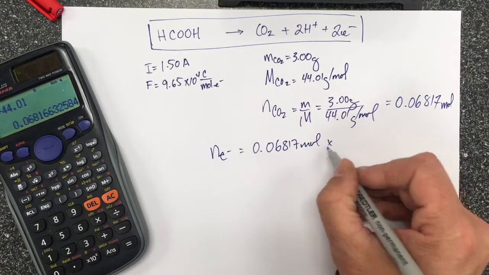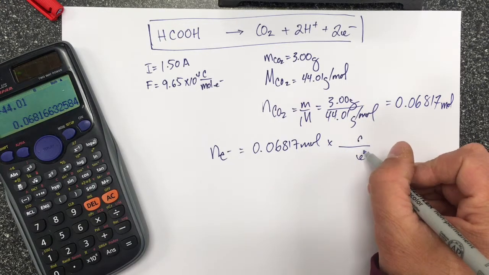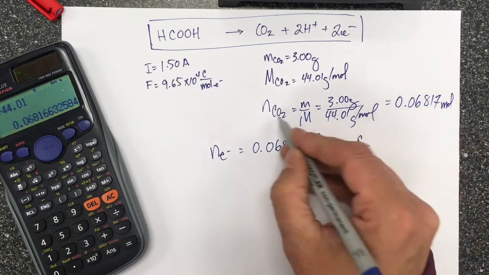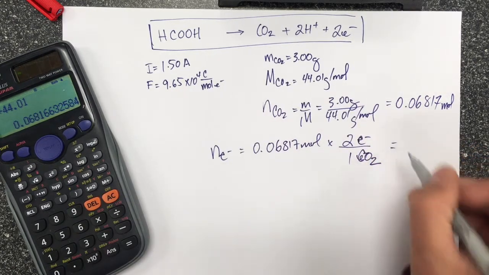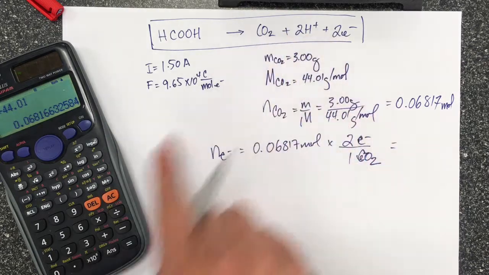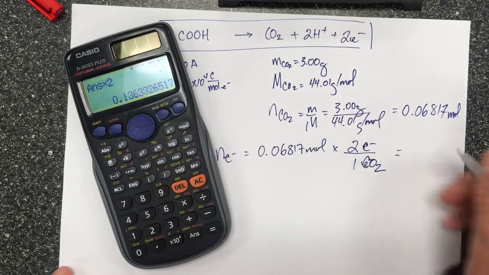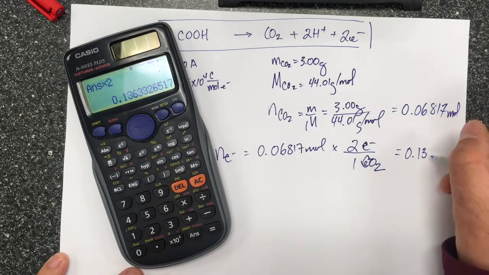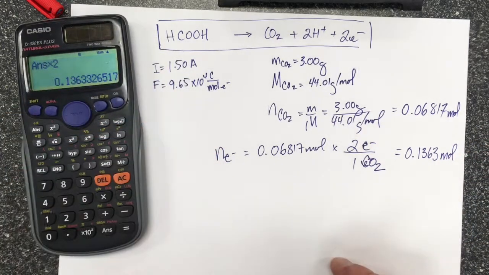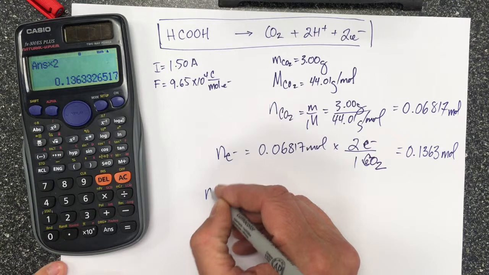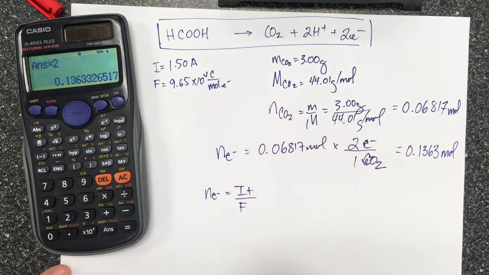I get 2 electrons for 1 carbon dioxide, right? 2 electrons for every 1 carbon dioxide. So I'm going to take this number times 2 divided by 1, gives me 0.1363 mole of electrons. Now, the number of moles of electrons equals the current times time divided by Faraday's constant.